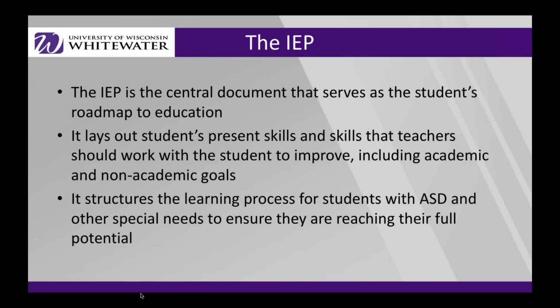The IEP is created when the student qualifies for special education. And for me, the words IEP and special education are synonymous. And developing the IEP is a collaborative process between parents, general education teachers, special educators, and key other specialists.